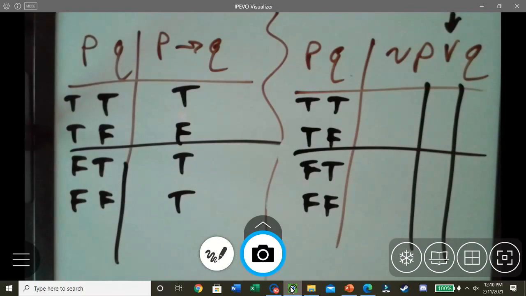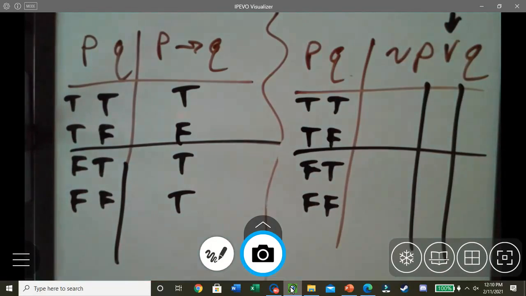So you're going to do the not P first. Not P is going to be the inverse, the opposite, right? If P is true, then not P is false.